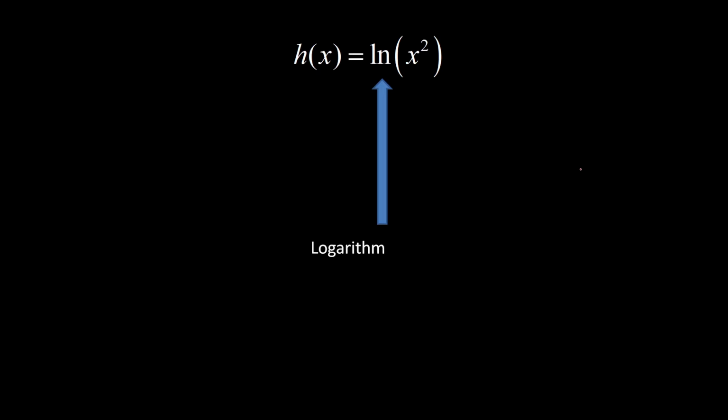You can see the ln for natural log. And we have our power function. But this time they're not being added. They're not being subtracted. They're not being multiplied, nor are they being divided. This is a composite. We are putting the function x squared into the function natural log.